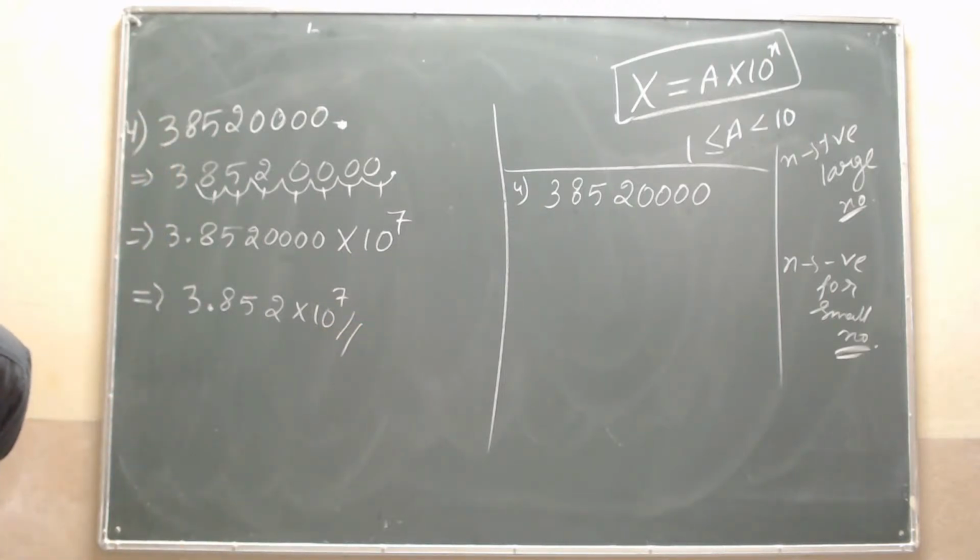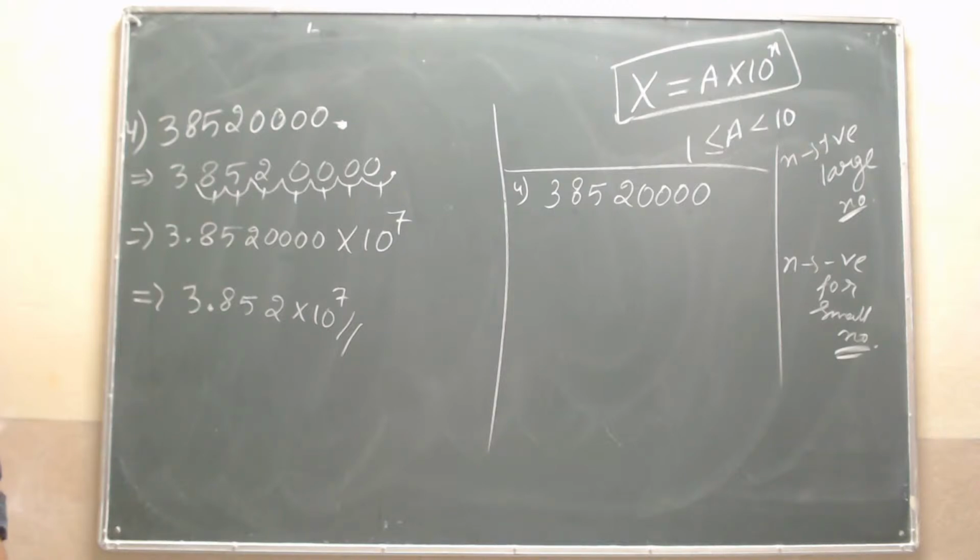Let's see who has given the answer. Yes, Bharat Raichur and Pragnamiti. Yes. Gopal, yes, that is 3.852 into 10 to the power of minus 7. Sorry, plus 7. It's okay.